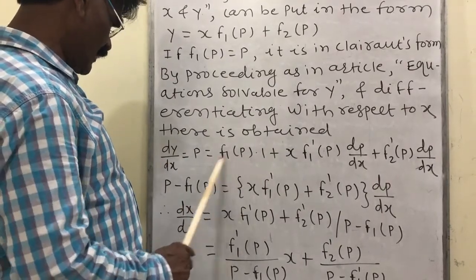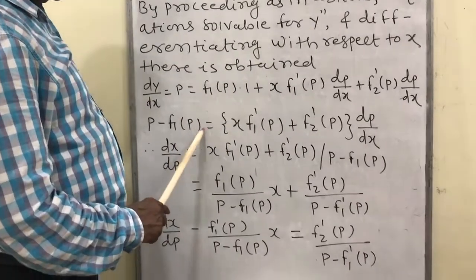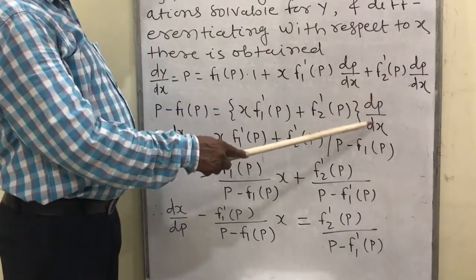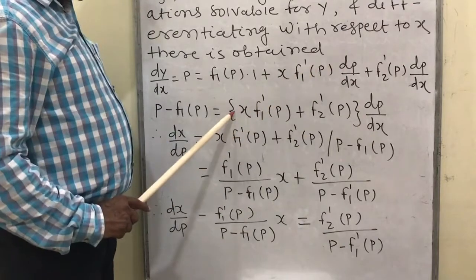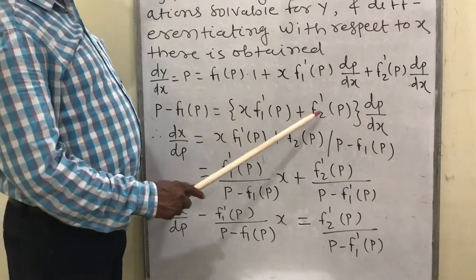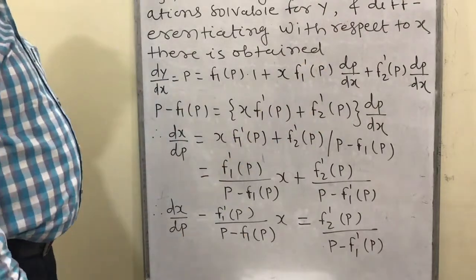Hence p minus f1 of p is equal to, taking dp by dx common from the last two terms, dp by dx into x f1 dash of p plus f2 dash of p.